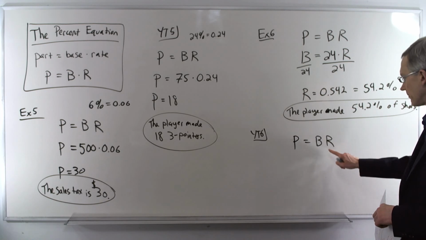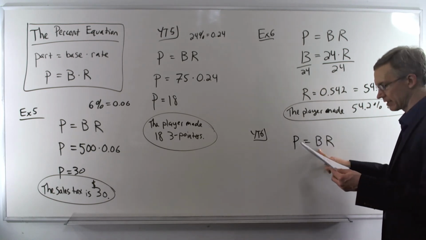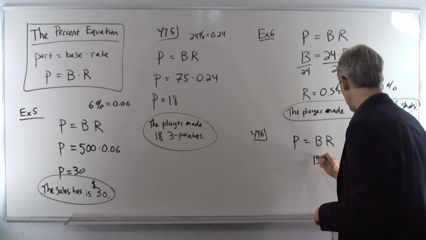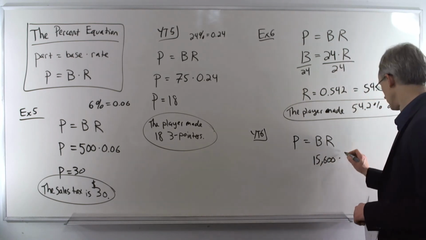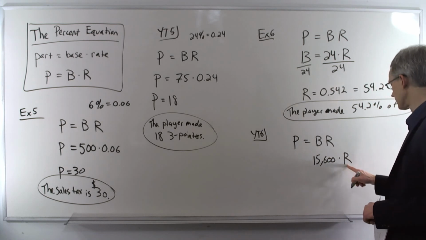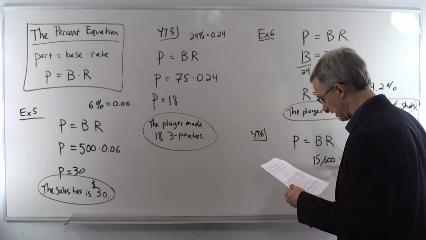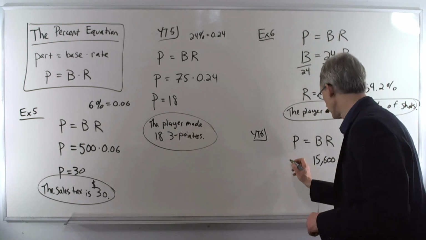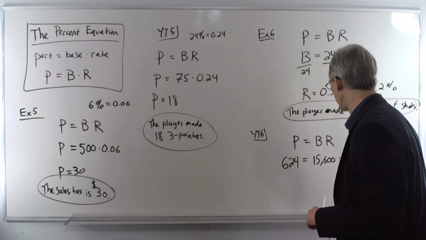The total number of blouses produced, that's going to be the base, and it's 15,600. We're looking for a percentage, so that's the rate. So keep that as R, and we found that 624 had defective stitching, so that's the part of the whole.